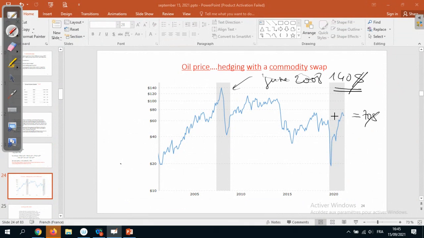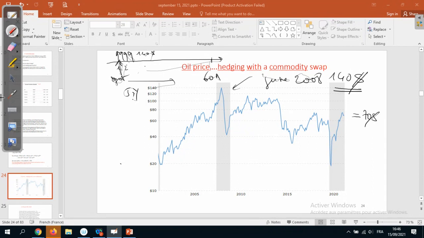And Air France decided to make a swap, paying each year, in fact, each month, because it buys oil each month. 1 month, 2 months, okay, till 60 months, 5 years. They make a 5-year swap, paying $140, receiving each month the spot.